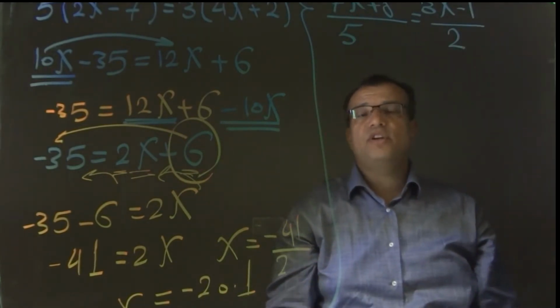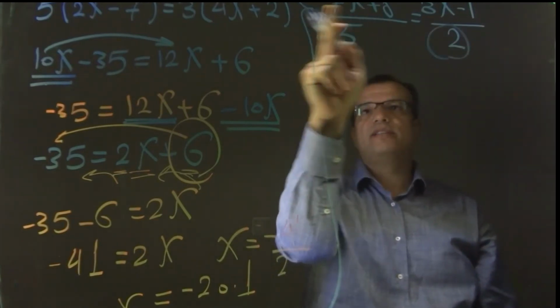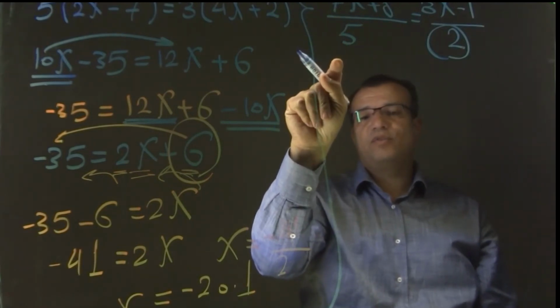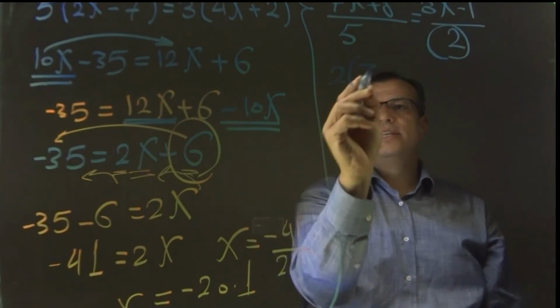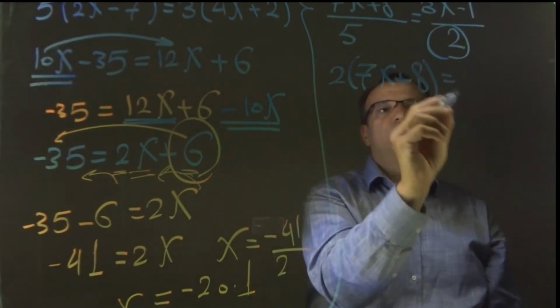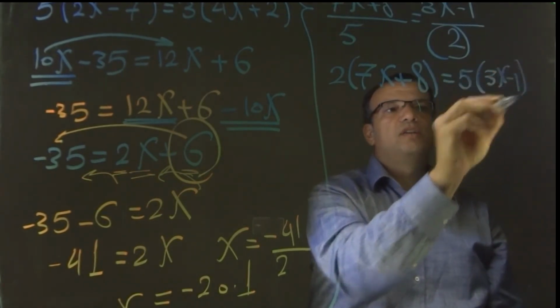How can I solve the fractional equation? Cross product means multiplying the denominator on one side by the numerator on the other side. It becomes 2 times (7x + 8) = 5 times (3x - 1).